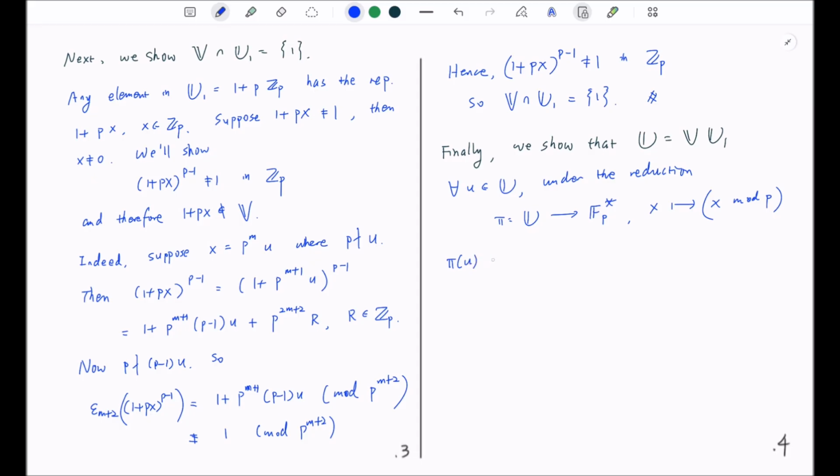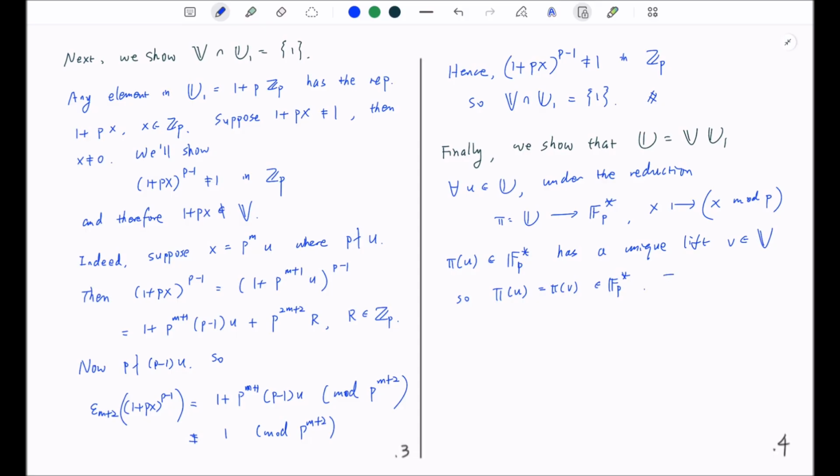Pi of u is an element in Fp star, and therefore it has a unique lift, which we denote by v in this capital V. This means the reduction of v is also equal to pi of u, which means pi of v is the same as pi of u.